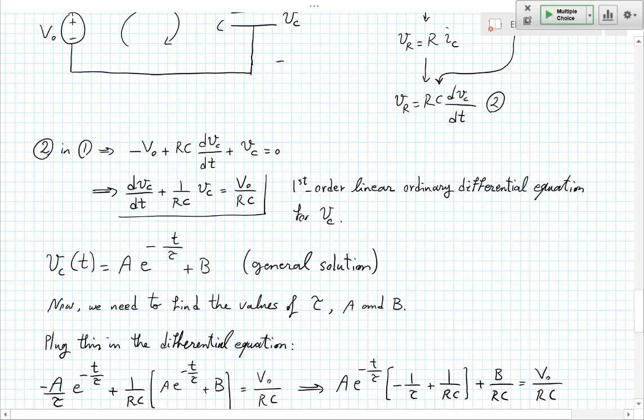Its final value, after the whole thing has decayed to complete DC steady state, the first term has disappeared and b has become the answer. So in this case, a plus b is the initial value, and b is the final value.